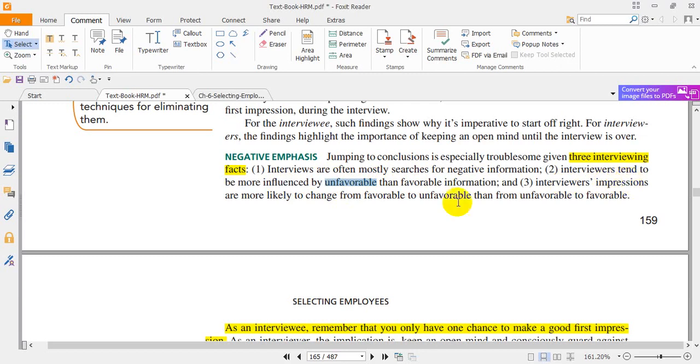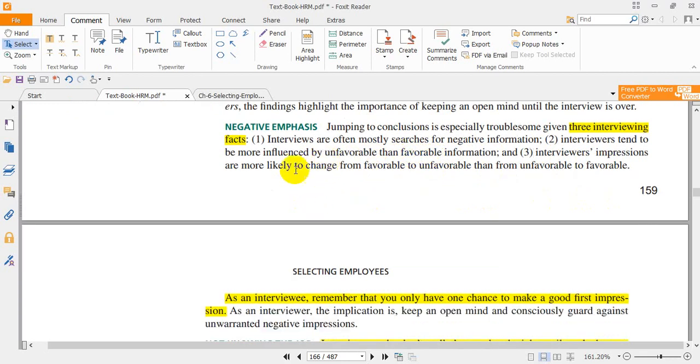Interviewers' impressions are more likely to change from favorable to unfavorable than from unfavorable to favorable. Interviewers' impressions more likely change from favorable to unfavorable than from unfavorable to favorable.